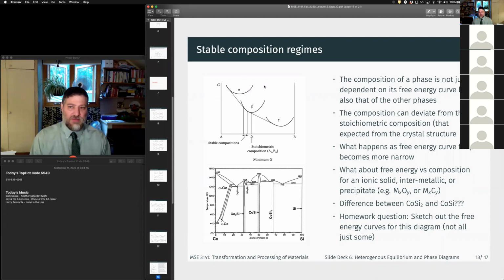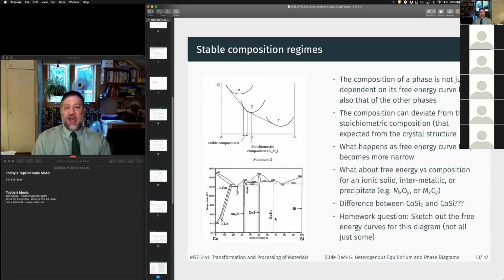We end up with a narrower composition range, right? And so as this becomes more steeply curved, the 2-phase region narrows and eventually becomes a line compound, right?